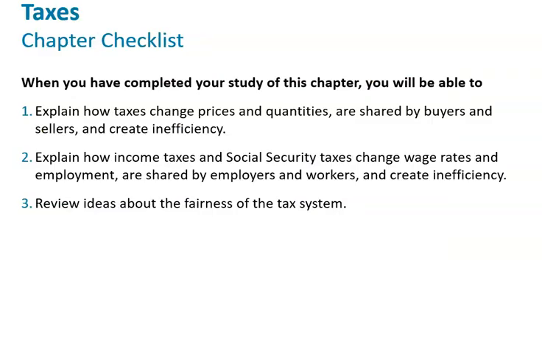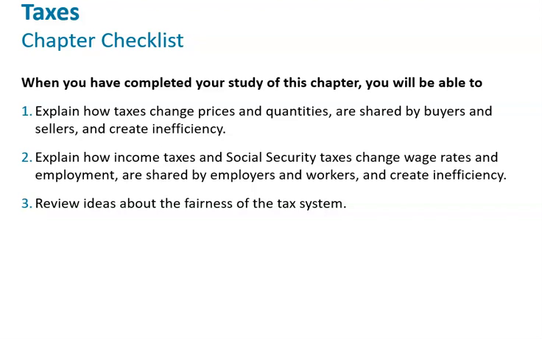As far as the chapter checklist is concerned, these three are the things that you should be able to do at the end of this chapter. You should be able to explain how taxes change prices and quantities, how the tax burden is shared by the buyers and the sellers, and what kind of inefficiency is the result of taxes.